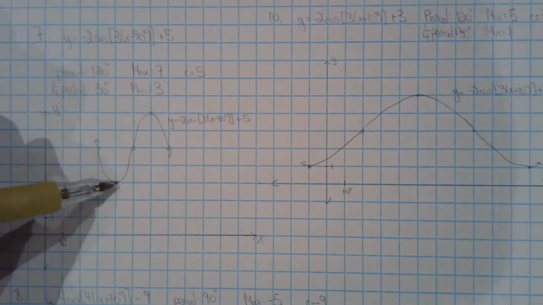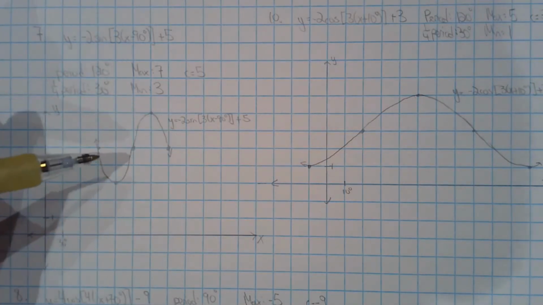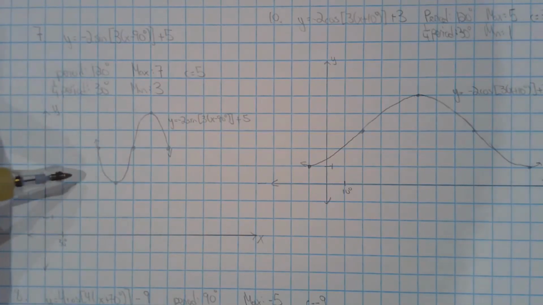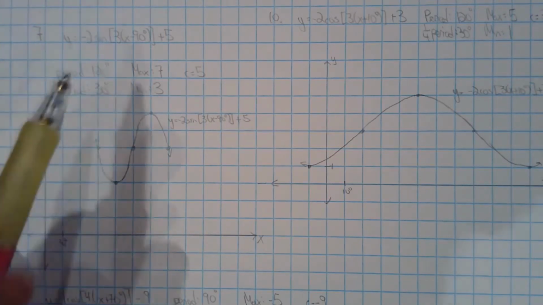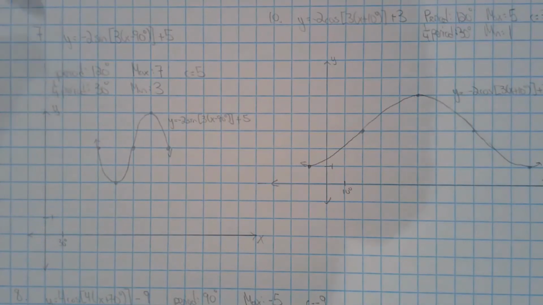Just a quick refresher though, these 5 points, when I graph them, they look like a sine function that's been reflected across the x-axis, and that's perfect. That's exactly what I want to see, because it's minus 2 sine of whatever.